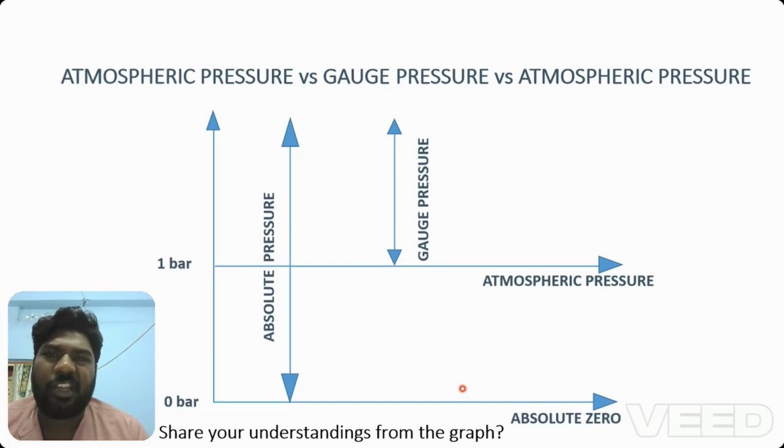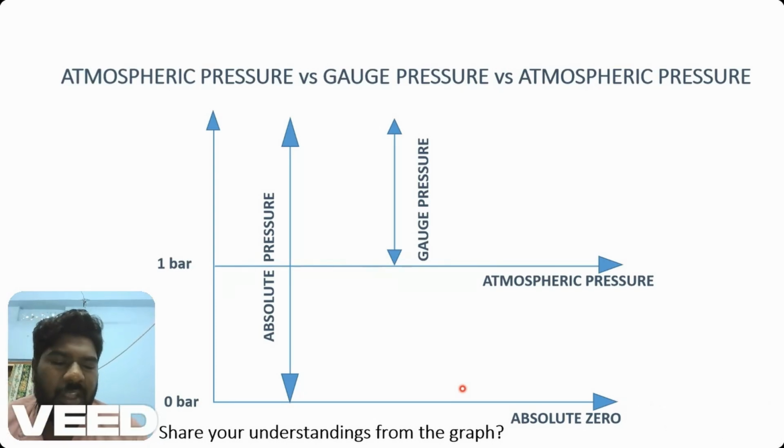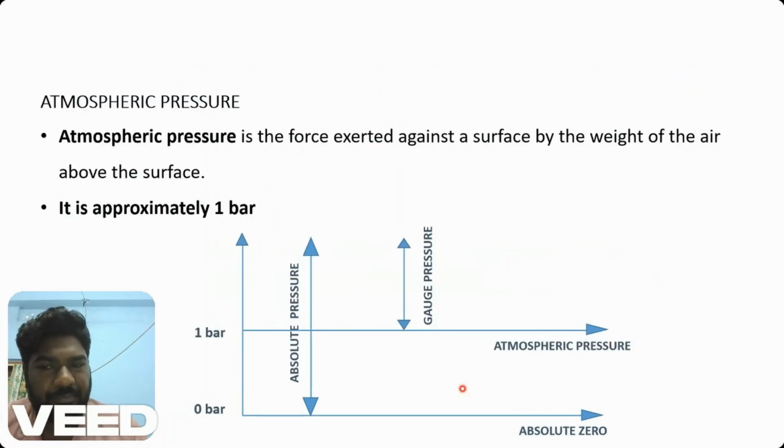It changes over time, from morning to evening, evening to afternoon. Then we have gauge pressure, whatever pressure can be recorded on a pressure gauge. And we have absolute pressure, which is the difference between atmospheric pressure and gauge pressure. There is also negative pressure, which we use for suction purposes.